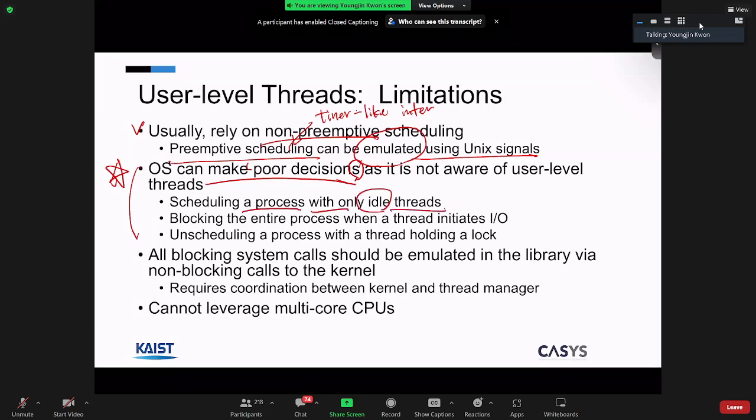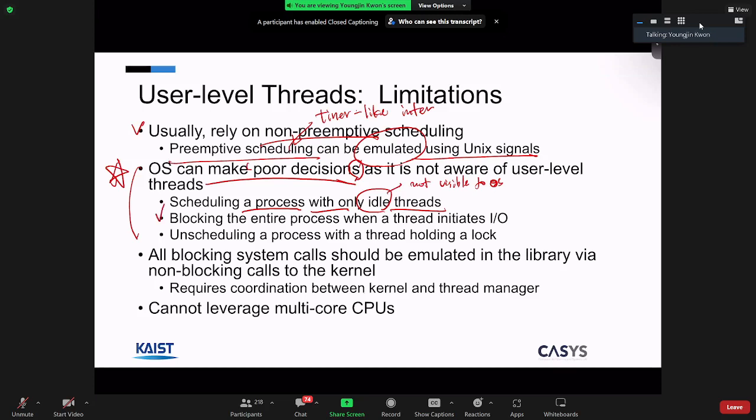The process has multiple threads, but the threads are idle, with nothing to do. But this idle information is not visible to the OS. The OS schedules a process which only has an idle thread, which wastes CPU cycles running a process having only idle threads. That's the first thing.